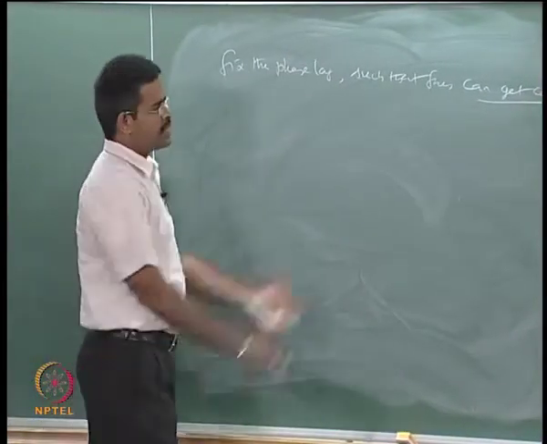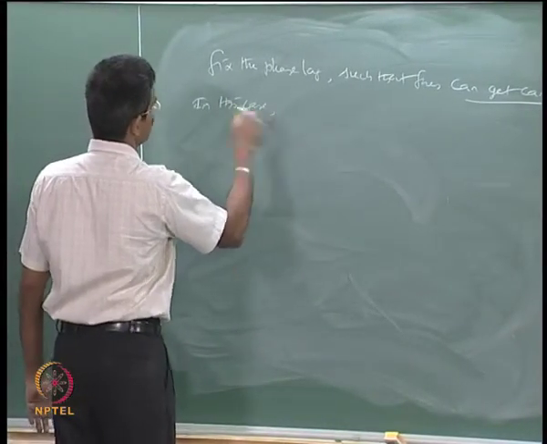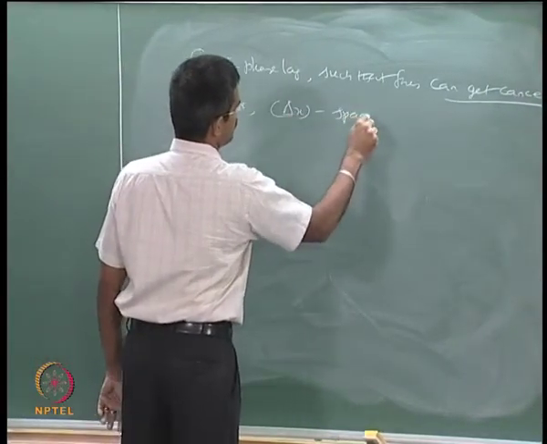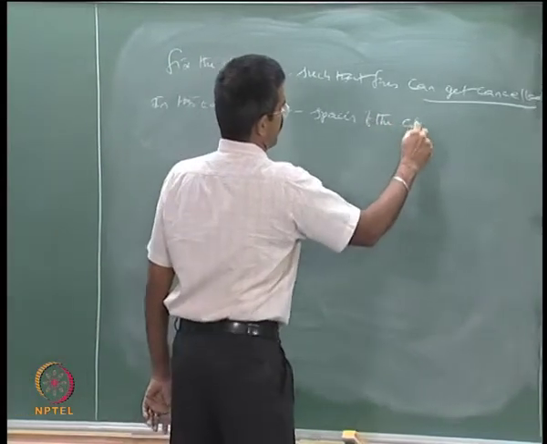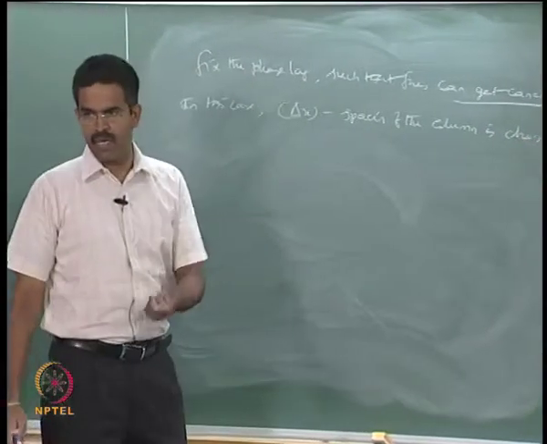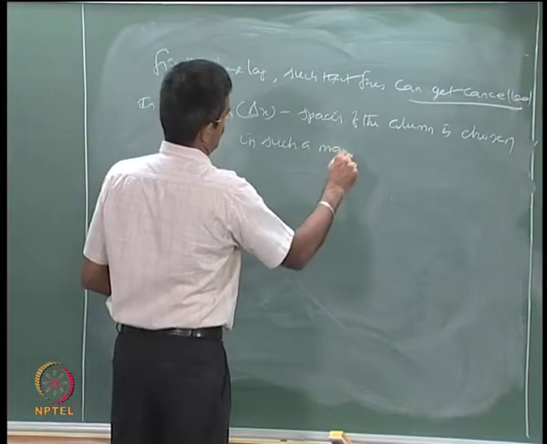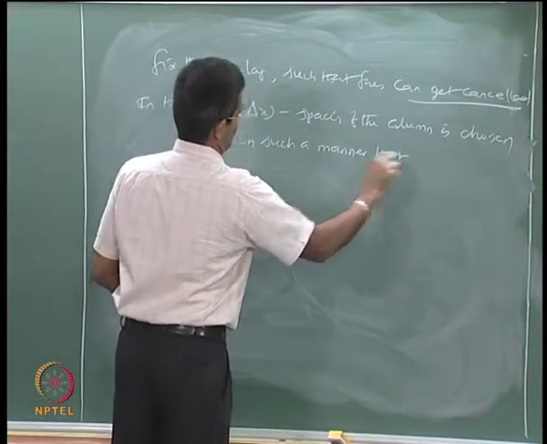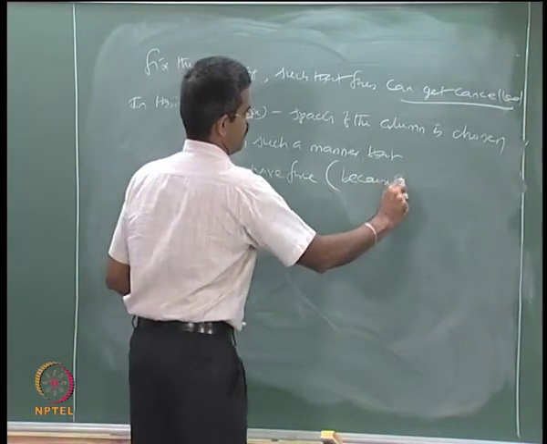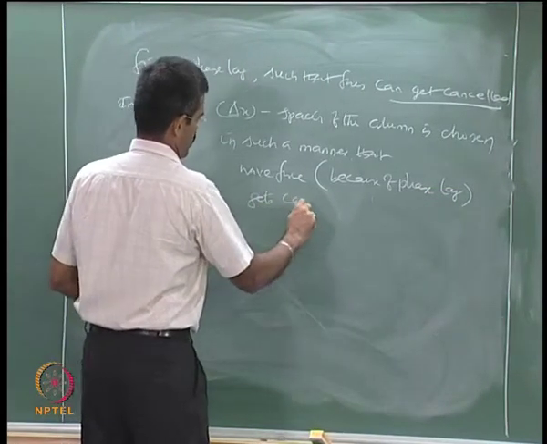So, let us take the same example. In this case, the delta x, which is the spacing of the column, is chosen in such a manner that wave forces because of phase lag get cancelled.